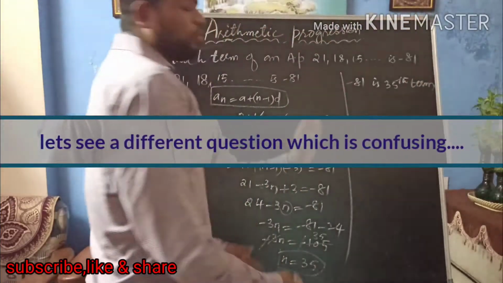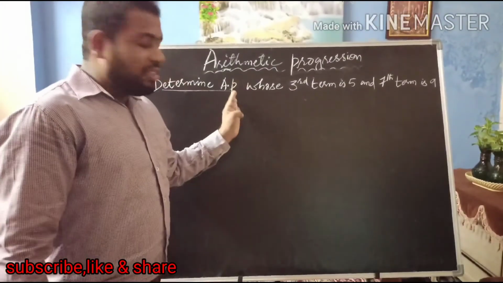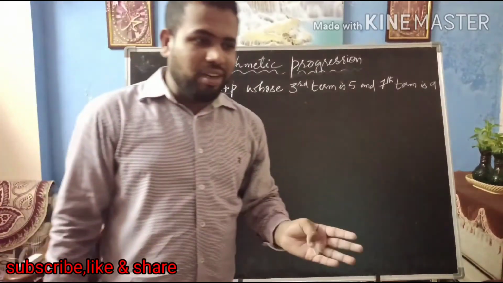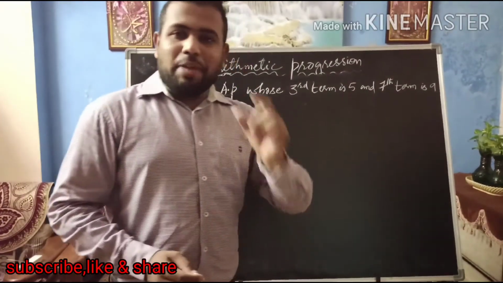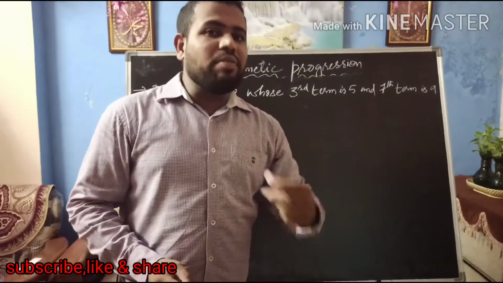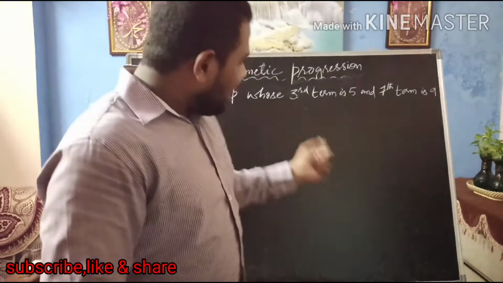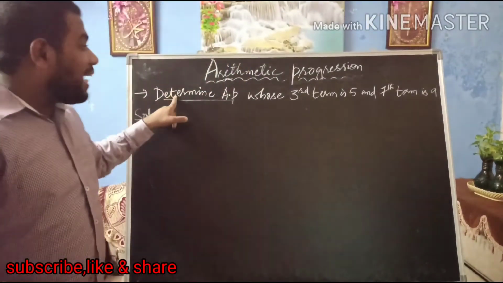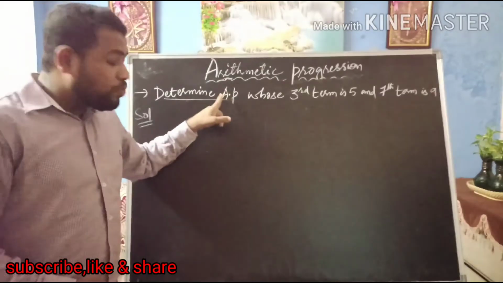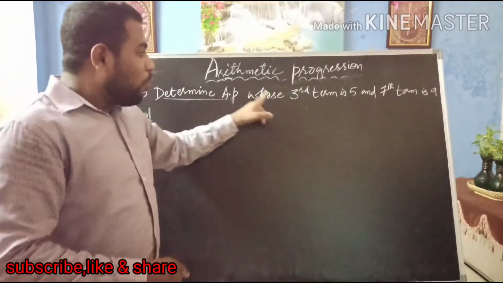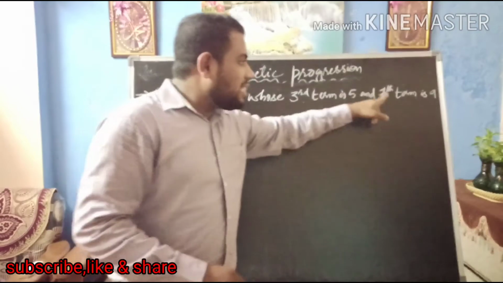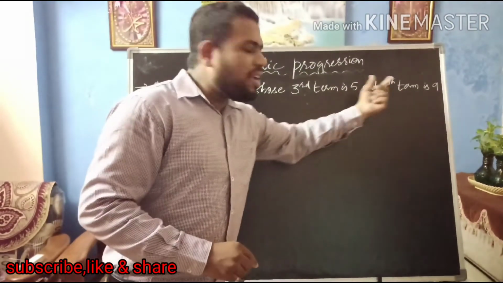In this question also we are going to use the nth term. This is a little bit different question compared to the earlier questions. In earlier questions, the AP series was given to us and we were asked to find the terms. But in this question, we have to determine the AP. It means we have to find the AP series here, whose third term is 5 and seventh term is 9. Here terms are given to us.